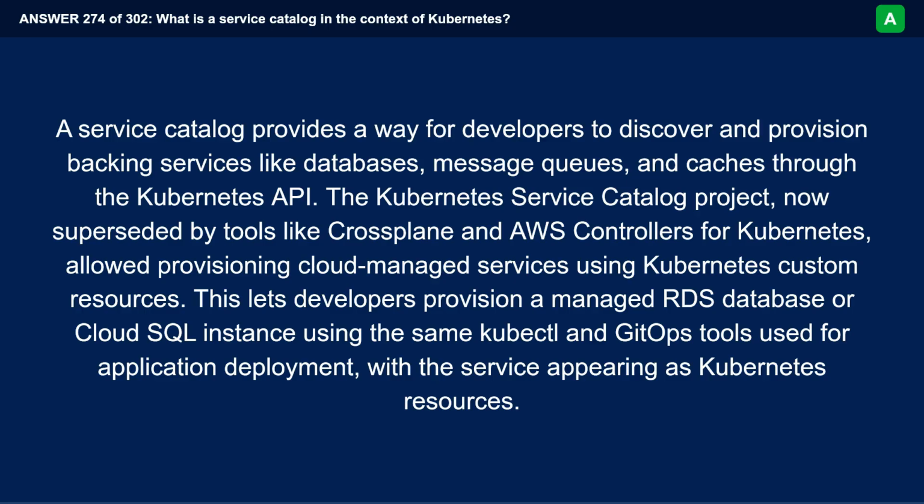The Kubernetes Service Catalog project, now superseded by tools like Crossplane and AWS Controllers for Kubernetes, allowed provisioning cloud-managed services using Kubernetes custom resources. This lets developers provision a managed RDS database or Cloud SQL instance using the same kubectl and GitOps tools used for application deployment, with the service appearing as Kubernetes resources.